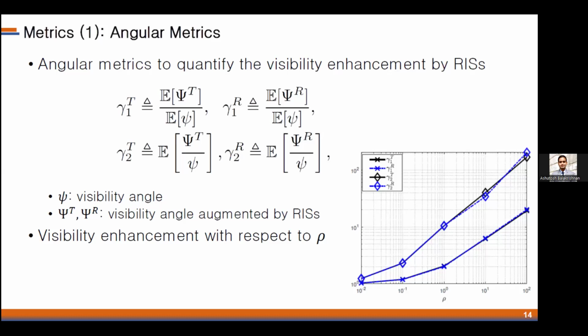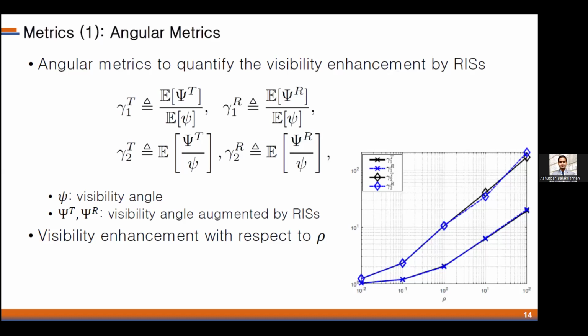So I will move to the numerical part. First, I want to compare the visibility without and with RIS in the angular domain. I will define gamma 1t, gamma 2t in this way.